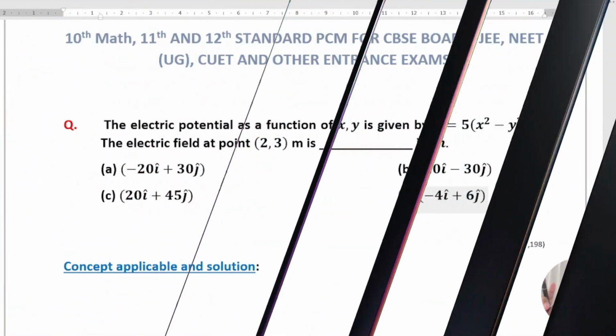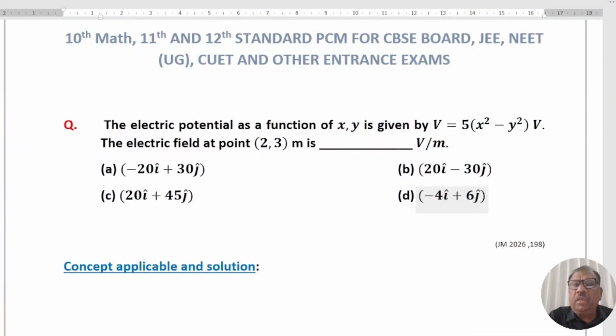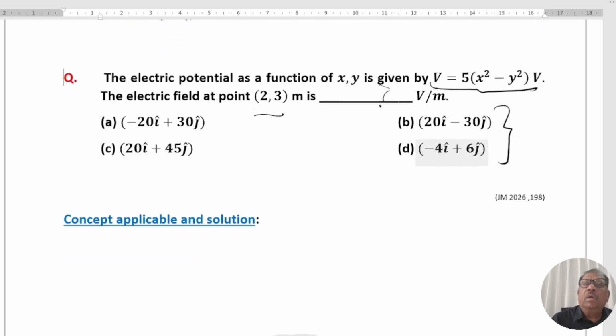Next question. The electric potential as a function of x and y is given by this expression. The electric field at point (2, 3) is to be filled in, choosing the correct option out of the four available. Concept applicable and solution.